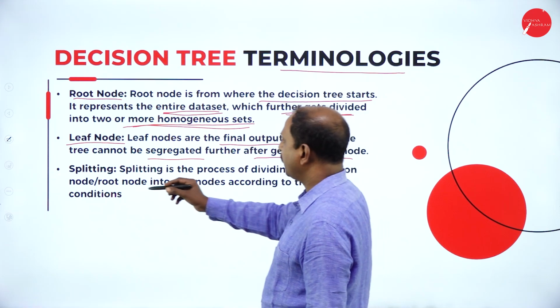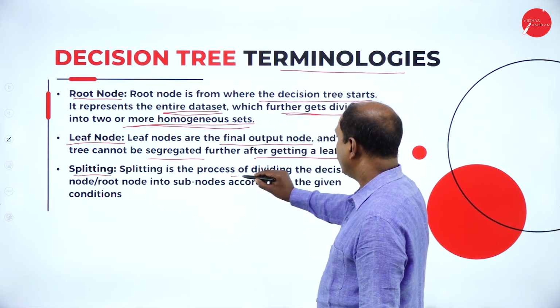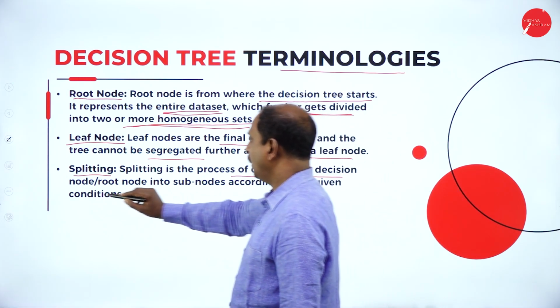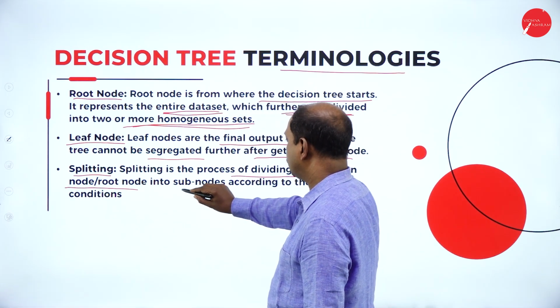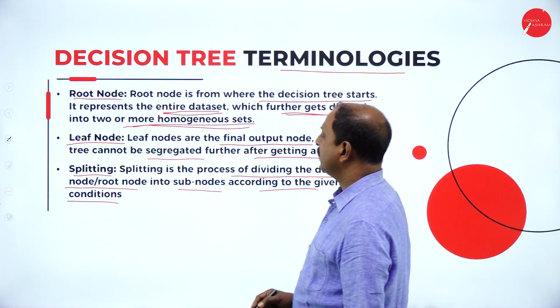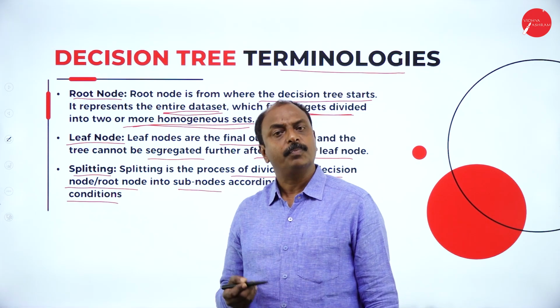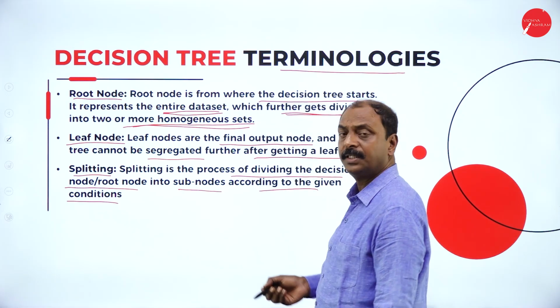Next, what is splitting? It is the process of dividing the decision node or root node into subnodes according to the given conditions. The tree is going to grow or expand into a number of branches based on certain conditions.